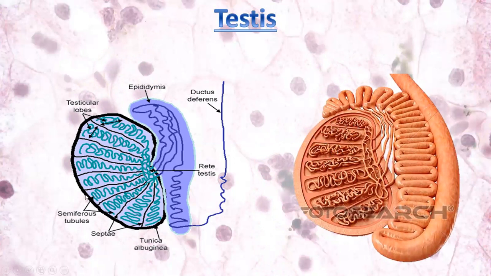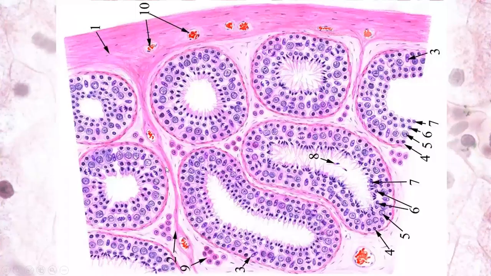Here we can see capsule, septa, and seminiferous tubules inside each lobule, surrounded by loose fibrous connective tissue. And here we can see a drawing of a histological slide. It's the connective tissue capsule or tunica albuginea, which forms septa, which divide the tissue of the testis into lobules. Both capsule and septa are formed by dense fibrous connective tissue.